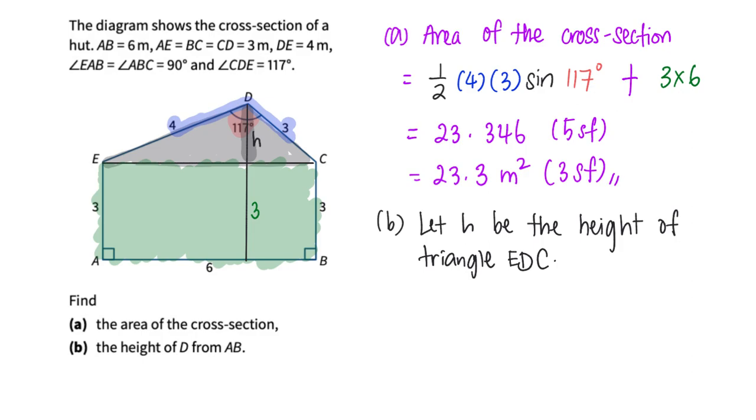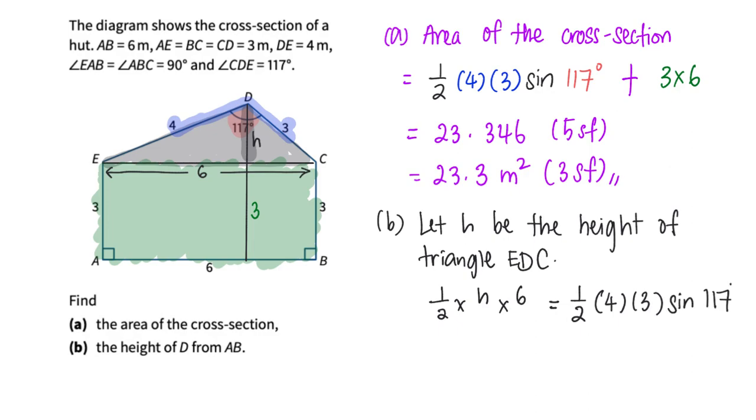Then the base, I'm going to use this 6, such that half times H times 6 and half times 4 times 3 times sine of 117 degrees are the same.